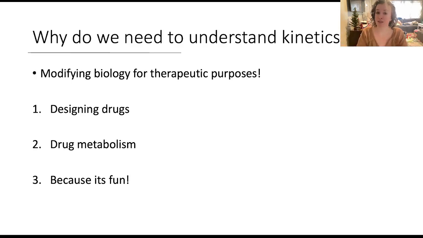Think various disease states or illnesses, right? The vast majority of drugs that are available on the market target enzymes. And so we can't understand how those drugs work without knowing how the enzymes work. Furthermore, we can't understand how those drugs are metabolized by our body without knowing enzyme kinetics. And also, of course, personally, I think sometimes it can be fun.